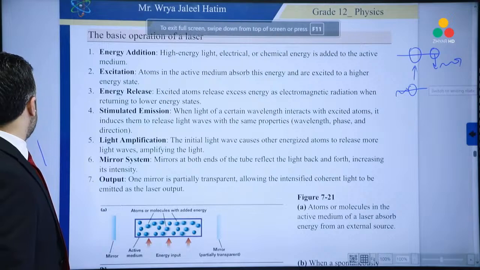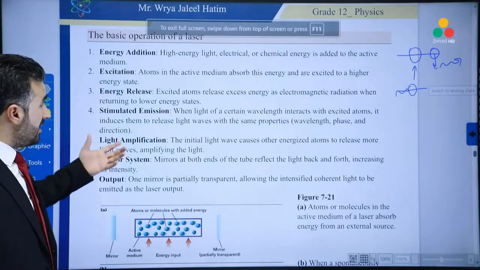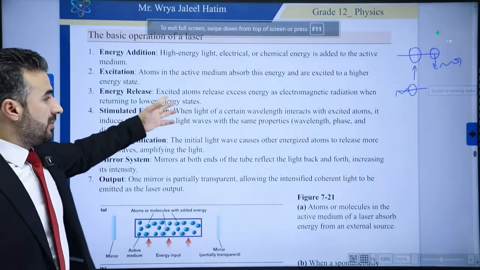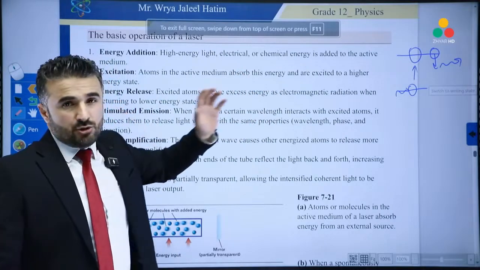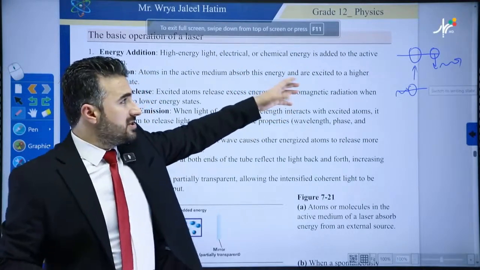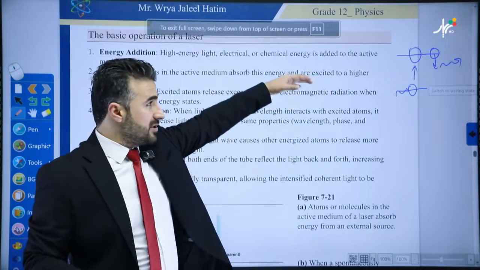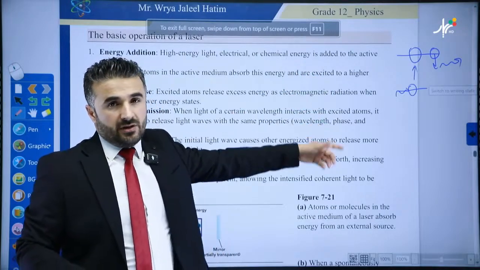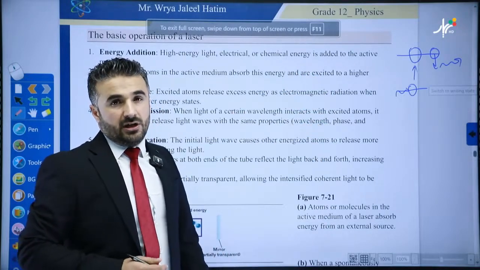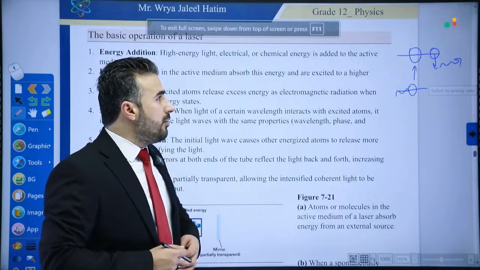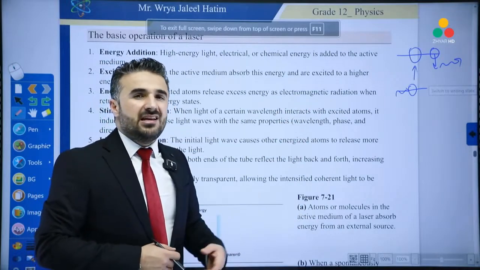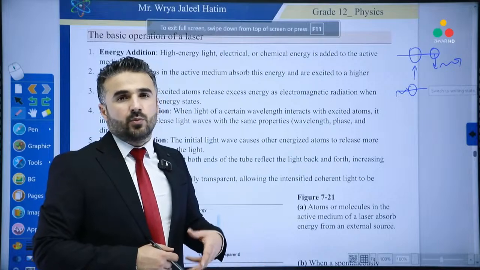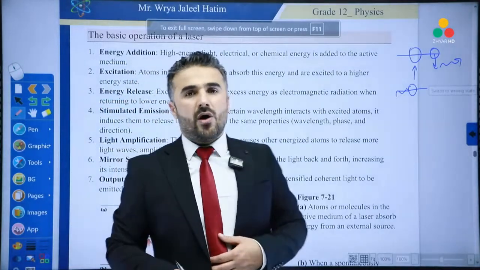What about the third stage? The third one is energy release. What happens when, for example, an electron is in the excited state? It is not going to stay there forever, so it is going to go down to its original energy state. Once they are falling down, they release the energy that they have gained, acquiring stability.